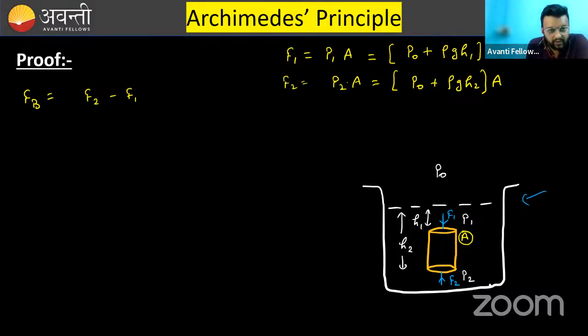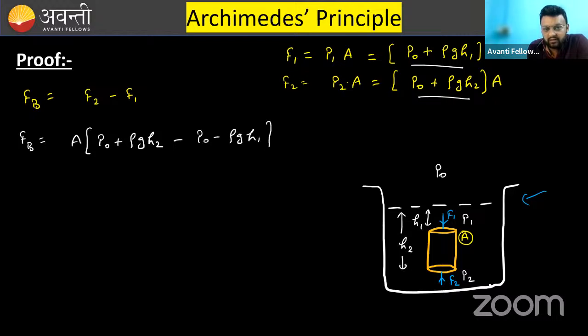Now place these values of F2 and F1. So buoyant force is equal to F2 minus F1. If you subtract F2 minus F1, then what you will get? Can you see that A will be common? So it will become P2 minus P1, and this relation is P naught plus rho g h2, this one, minus this one, minus P naught minus rho g h1.